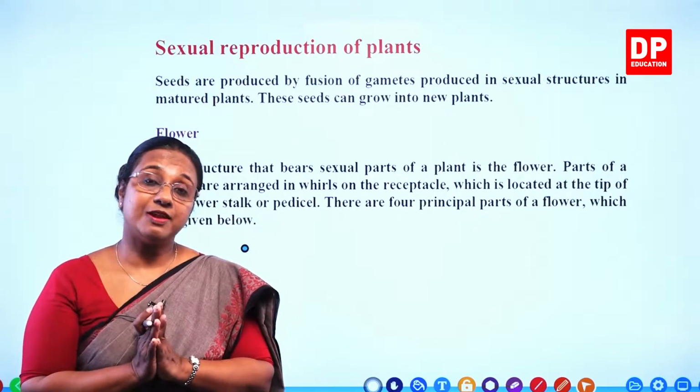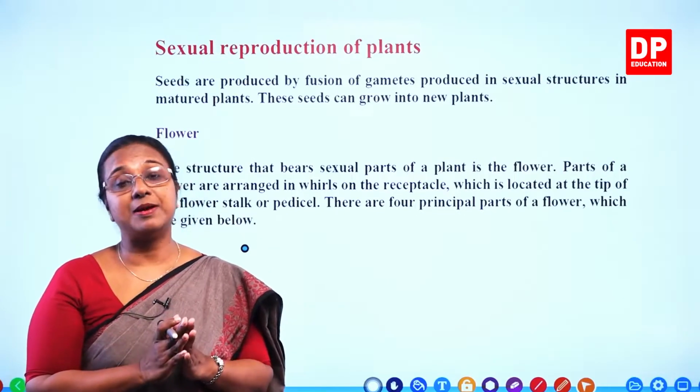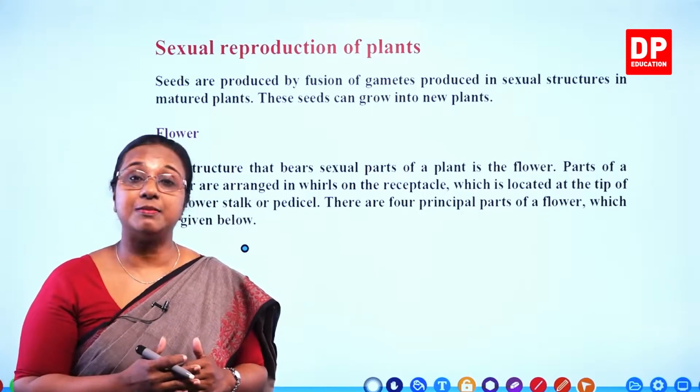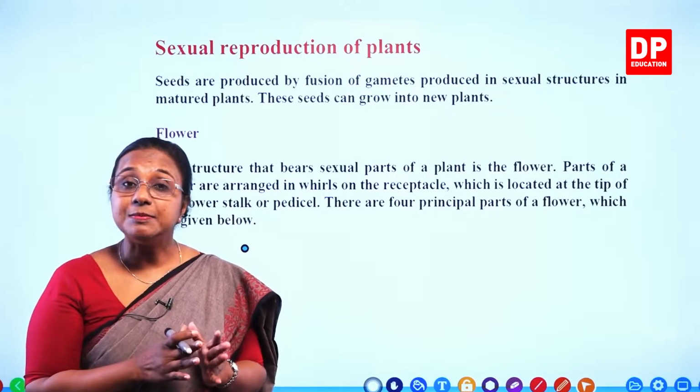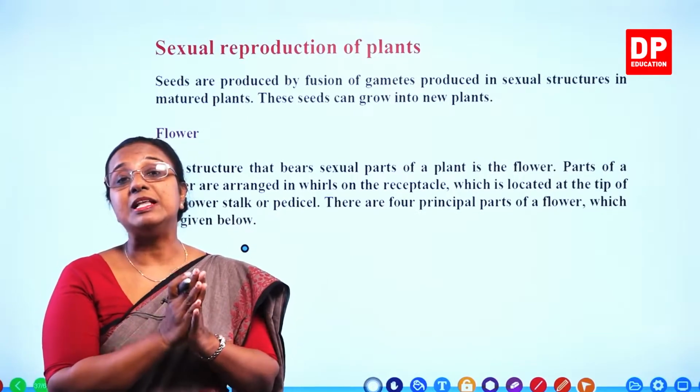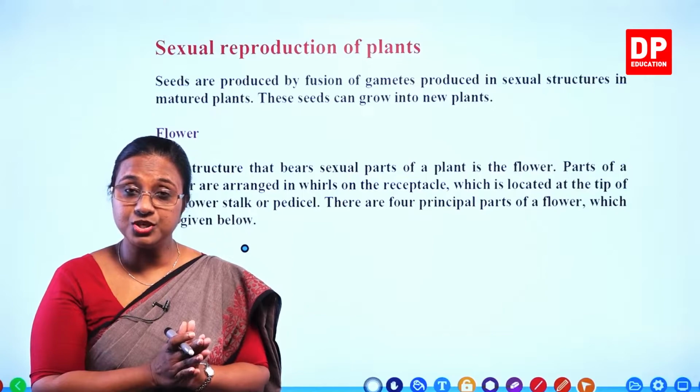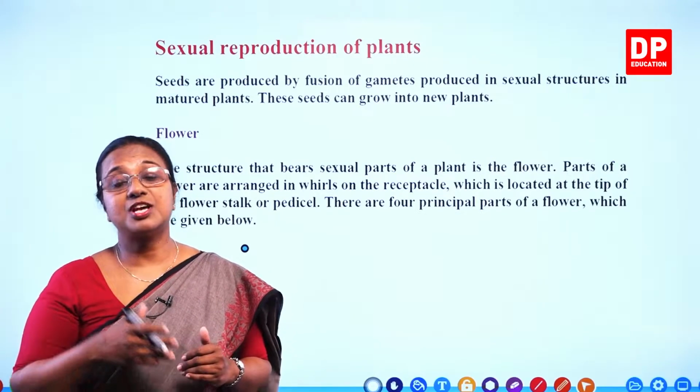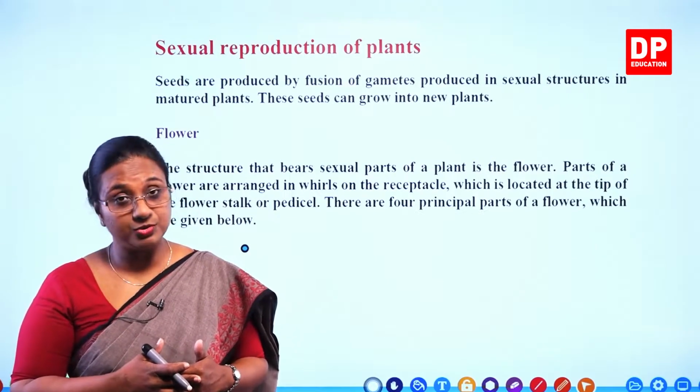So inside the flower, there is the male reproductive structure and the female reproductive structure. Within the male reproductive structure, it will be the male gametes that are produced, and in female reproductive structures, female gametes are produced.